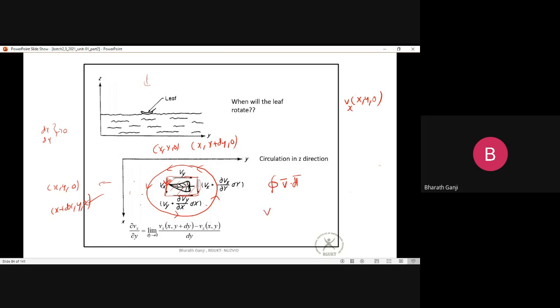So on the first path, it is nothing but vx into the length I'm walking. Because this is dx and this is dy, I'm walking dx length.